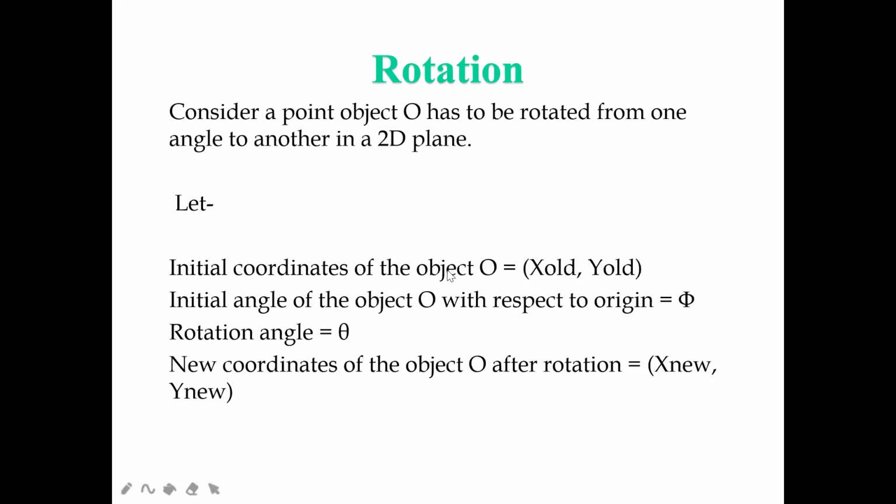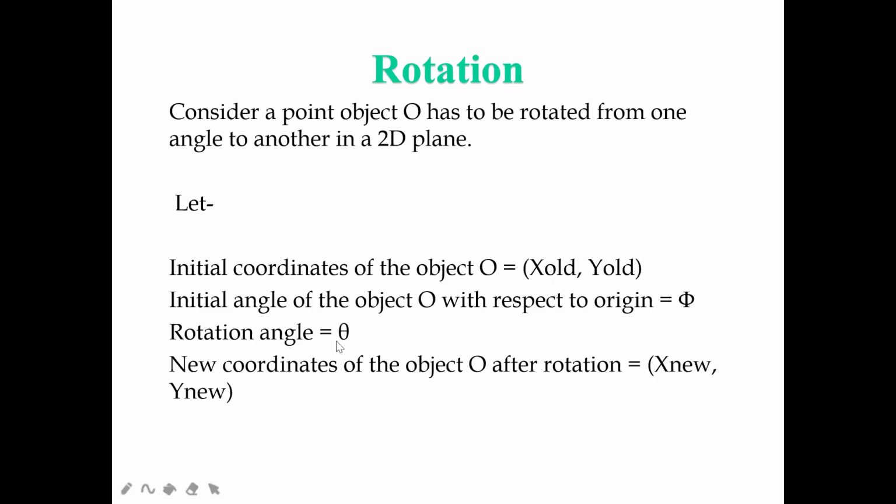Now let's consider the initial coordinate point of your first object is x old comma y old. I have written old and new so that you will understand from where to where you are moving your object. Let's consider the initial angle of your object with respect to the origin is phi.